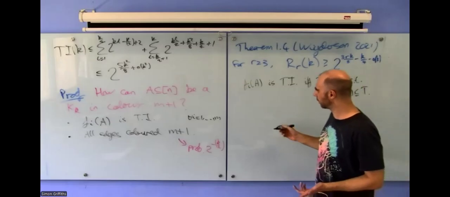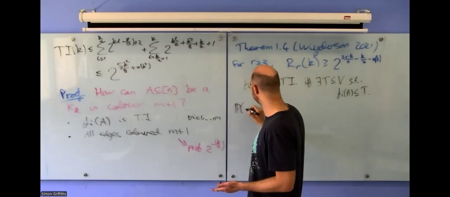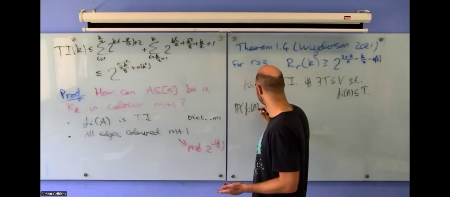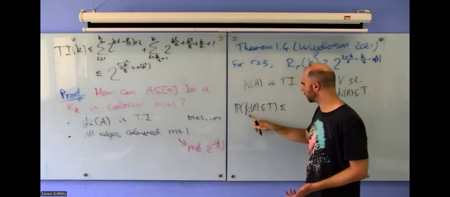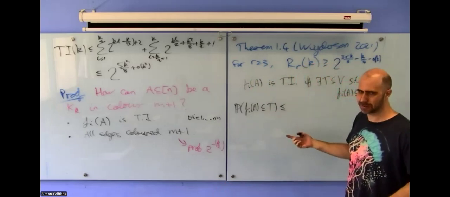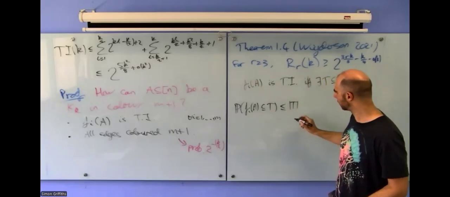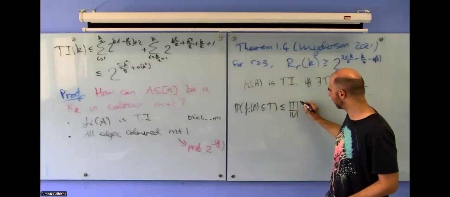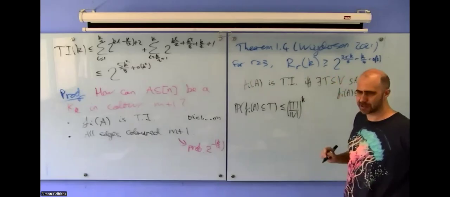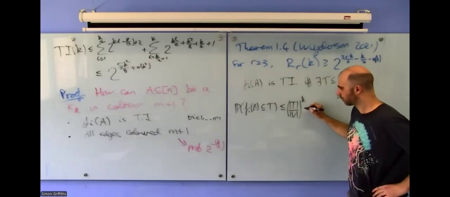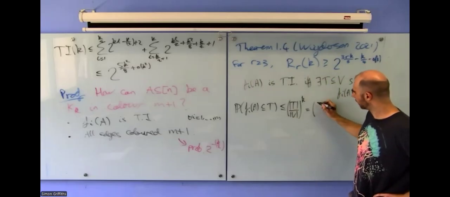And what's the probability of that? You fix the T, you have the probability Fi of A is contained in T. Well, each vertex independently goes somewhere. The probability it goes into a particular set T is the size of T over the size of V. And you have to do this K times, because you have K elements.